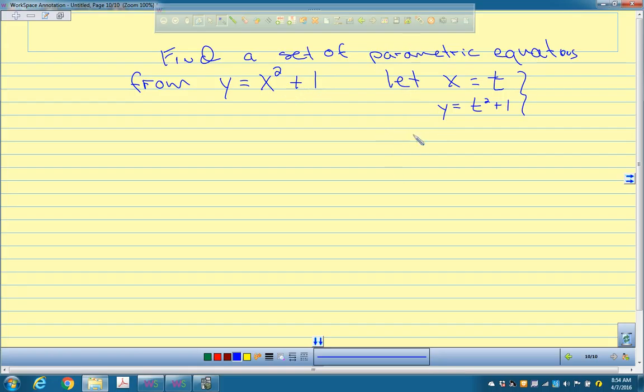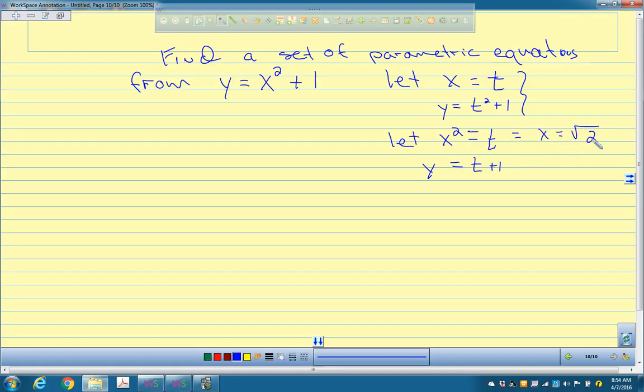Say I let x squared equal t, then what would y be equal to? y would be t plus 1. If x squared is equal to t, that means that x is equal to the square root of t, right?